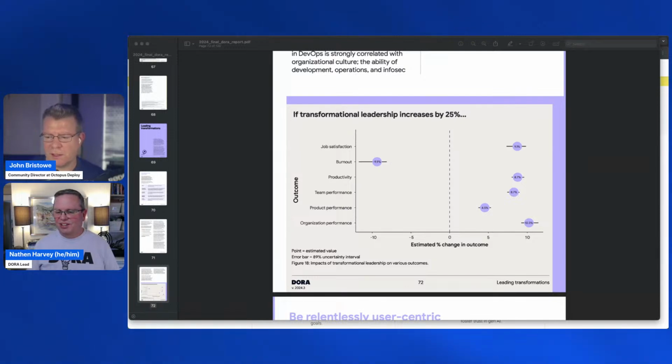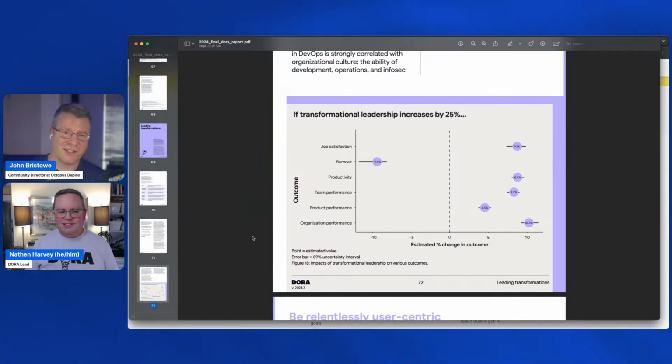There's some interesting data in here. I think this is awesome for folks who are obviously leading the charge on a lot of these improvements. So, if transformational leadership increases by just a quarter or 25%, you can see the estimated change in burnout, for example, a 9.9%, or 10% decrease in burnout. Burnout to me is huge. As a developer, I've experienced it myself.